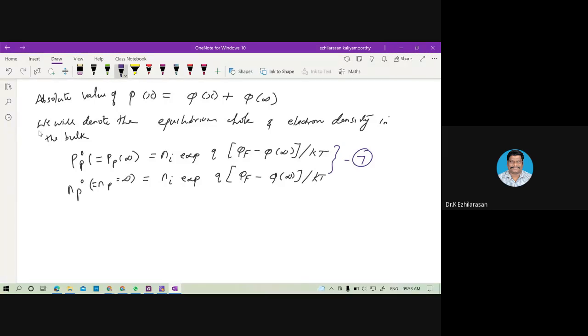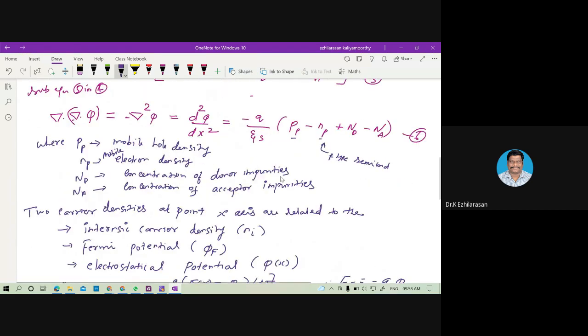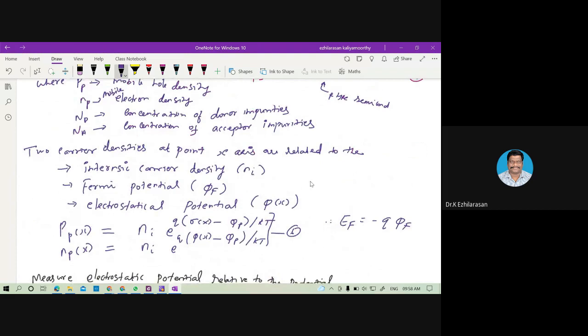Now we need to substitute this expression, whatever we got, the equation number 6. Substitute this equation number 6 in the equation number, sorry, supposed to be 7.